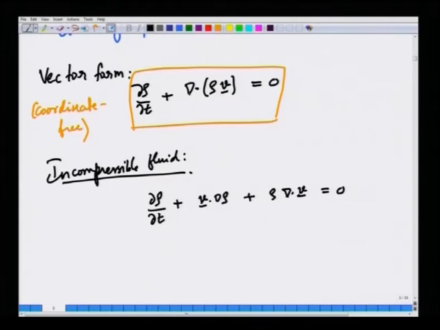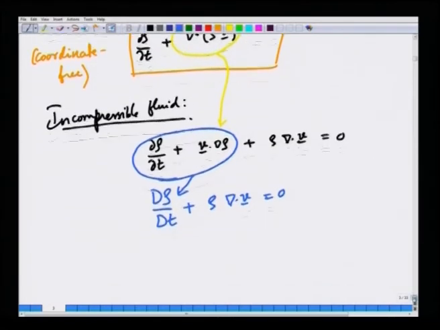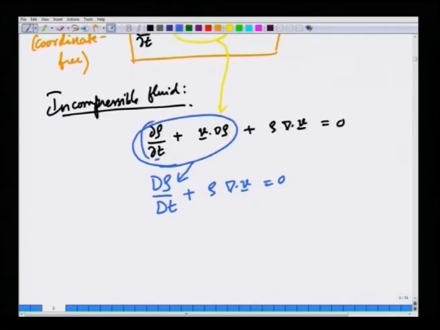If you expand this term, you get two terms by using differentiation by parts. Now, the first two terms combined together are the substantial derivative of density, plus rho del dot v is 0. The substantial derivative of any quantity is the rate of change of that quantity with time as you follow a given fluid particle, whereas d rho dt is simply the rate of change evaluated at a fixed point in space.